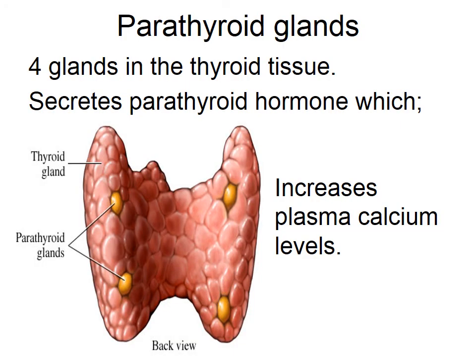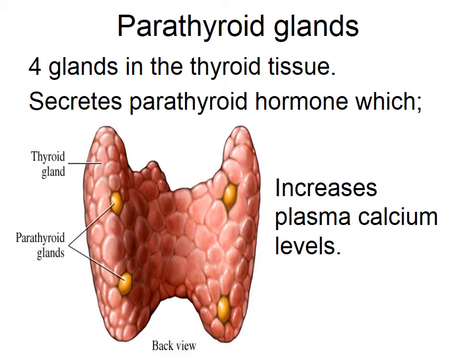Now, at the back of the thyroid gland, 4 small parathyroid glands are embedded into the thyroid tissue, although this is histologically different tissue. There are normally 4 of these very small parathyroid glands. They only weigh about 40 milligrams each, but they're very important because they produce parathyroid hormone, or parathormone.